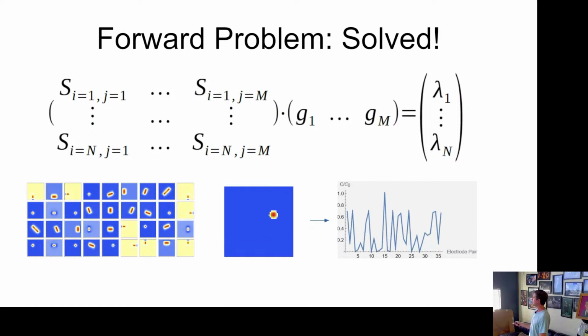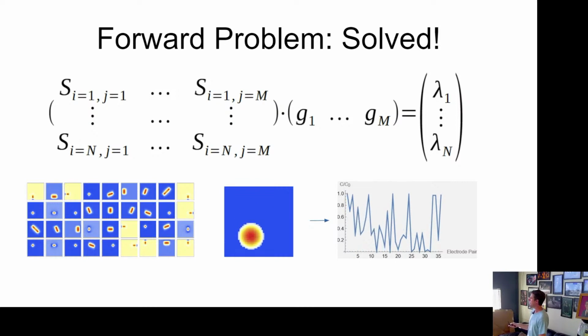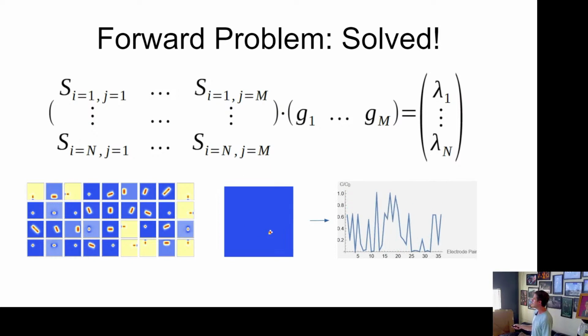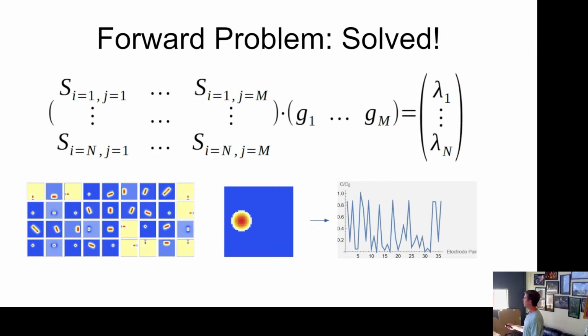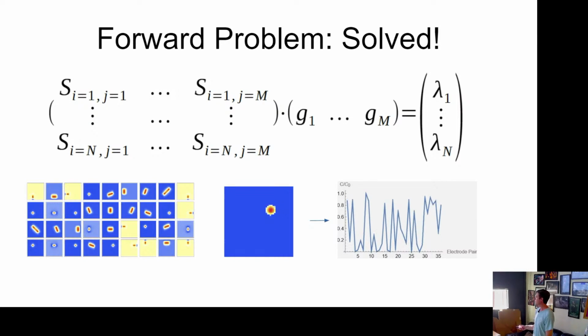This is the 36 different pairs of electrodes, simulating what the actual capacitance would be if you were to have this spot of corrosion sitting at that particular spot on top of the electrodes. So the first part of the problem, the forward problem, is solved, and now we need to try to do the inverse.